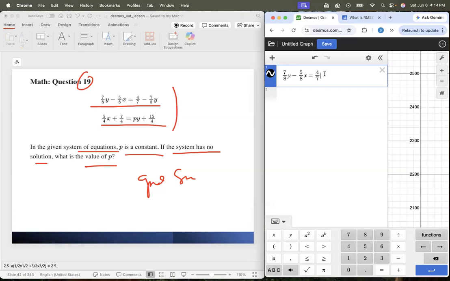4/7, and then I have -7/8y. And the next equation, 5/4x plus 7/4 is equal to py plus 15/4.